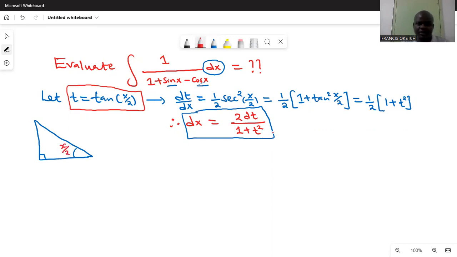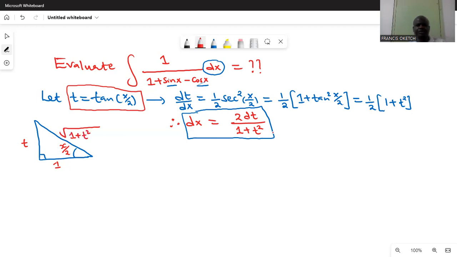Tan x over 2 is equal to t over 1. So the opposite is t, and adjacent is 1. So this is t, and this is 1. If you use Pythagoras theorem, you are going to get the hypotenuse as the square root of 1 plus t squared.